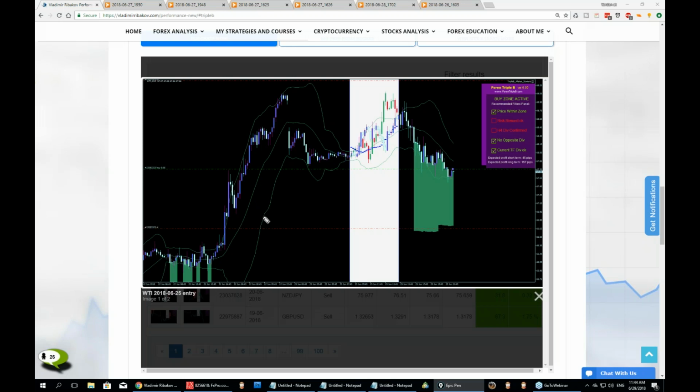Well, oil did provide some fantastic moves. It broke some good levels. It came back to bullish momentum. And you know that fundamentally we are standing behind the bullish momentum as well. So everything fits together. And this week, the price action also proved that to be right.